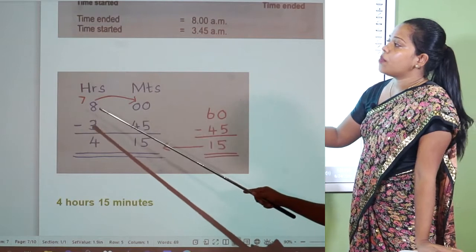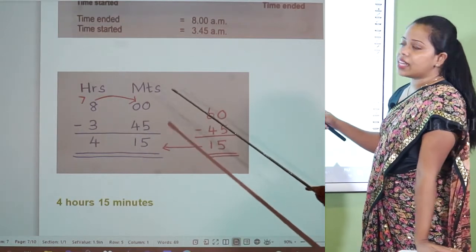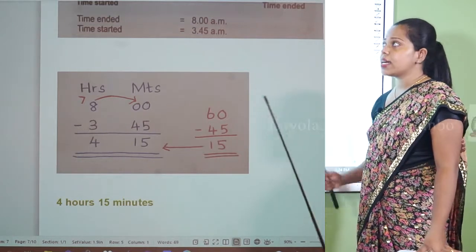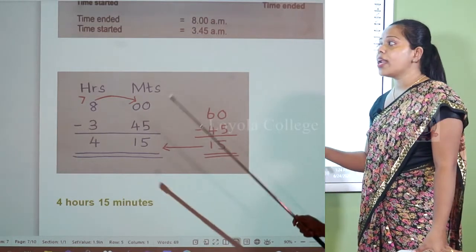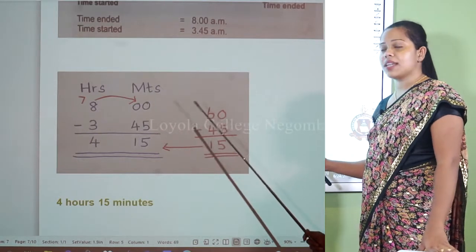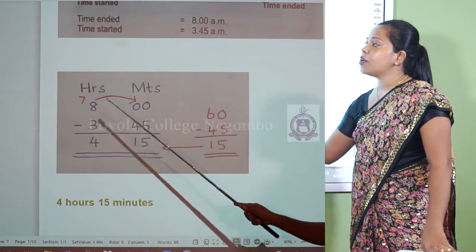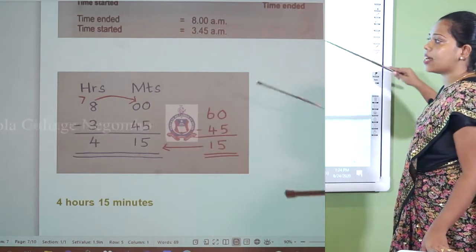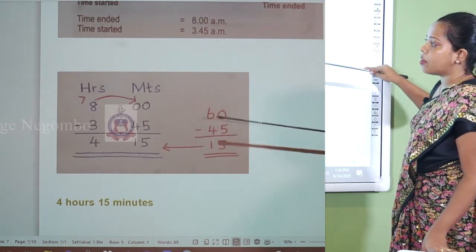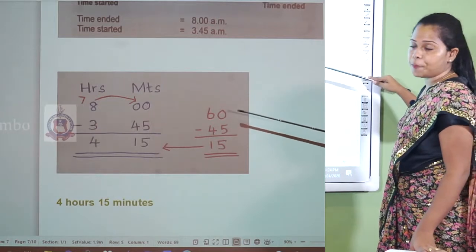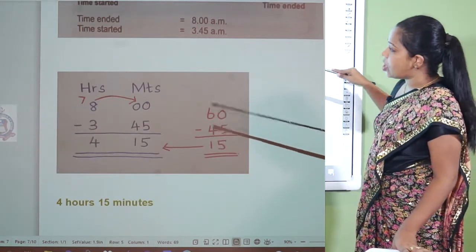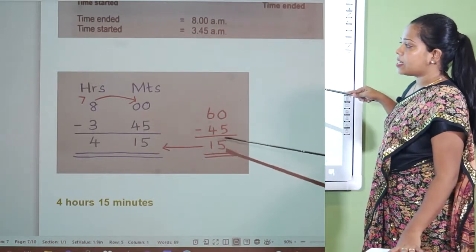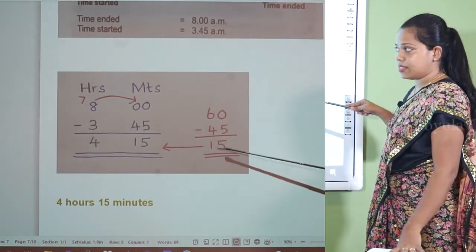We are borrowing 1 hour to the minute side. 1 hour means how many minutes? I told you at first, 1 hour means 60 minutes. So when we borrow 1 hour from this side, here it comes as 60 minutes. And from this 60 we subtract 45. 60 minus 45, the answer is 15.